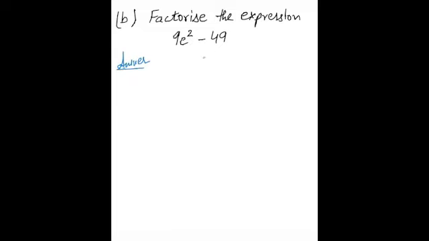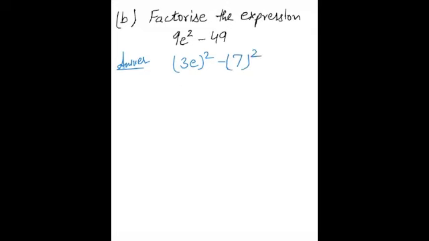We can write this expression as 3e whole square. It means 3 times 3 will give you 9 and e times e will give you e square, which is the same thing, minus, instead of 49 we can mention 7 whole square.